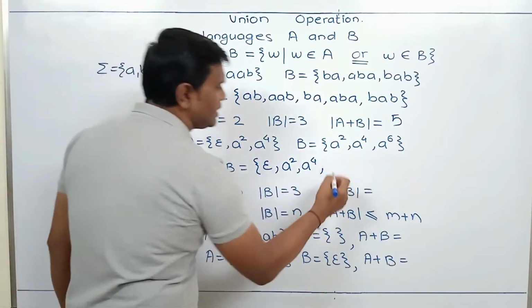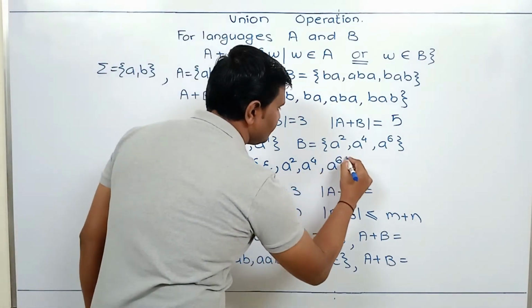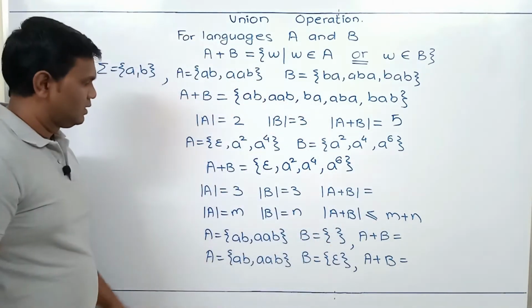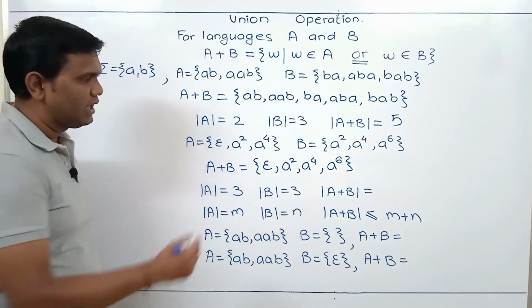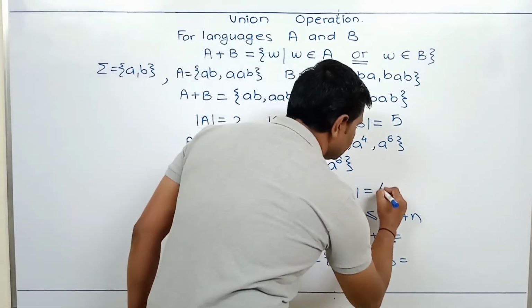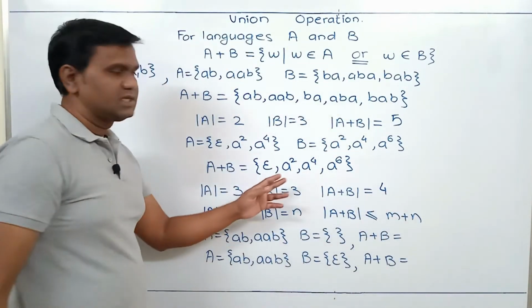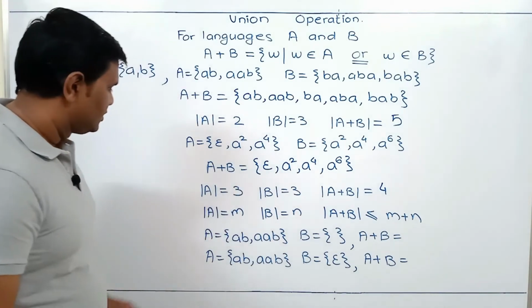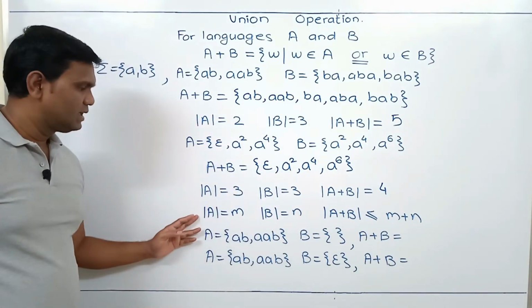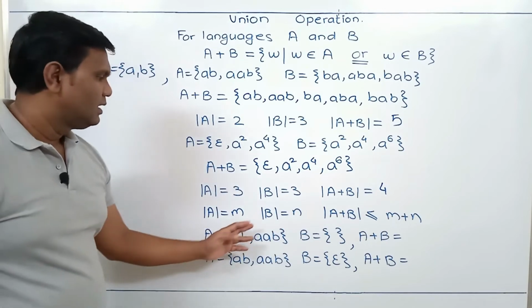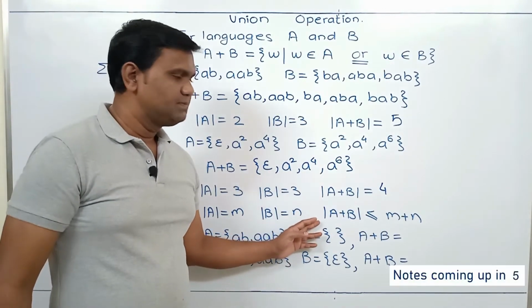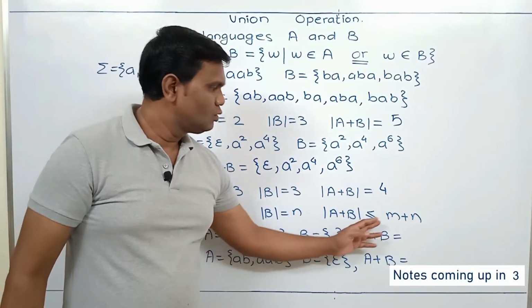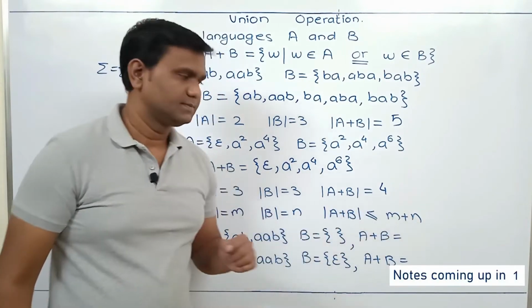So we take only A power 6 from B. So here A contains 3 strings, B contains 3 strings, and A + B contains 4 strings because some strings are repeating. So in general, if language A contains m strings and language B contains n strings, then A + B will contain less than or equal to m + n strings.